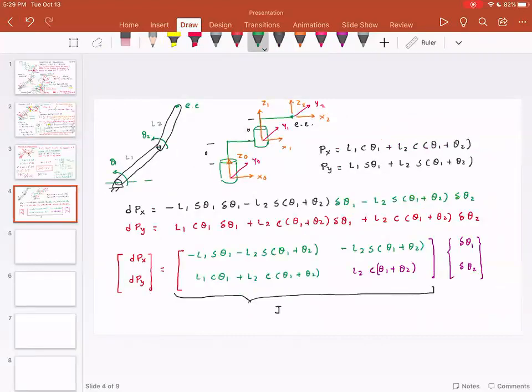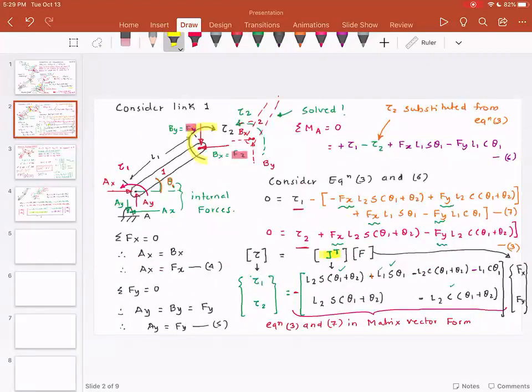But the off-diagonal terms, because we are transposing, should get flipped. So let's look at the term L1 cosine theta 1 plus L2. So we are looking at this term, and if you go back, this term is here.